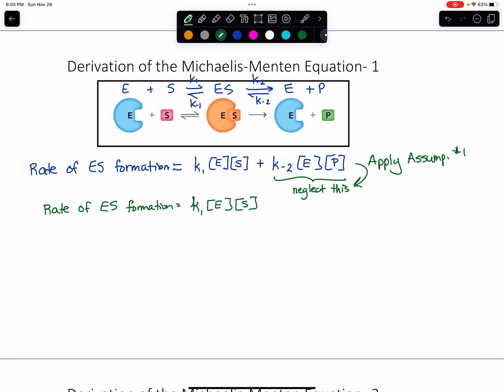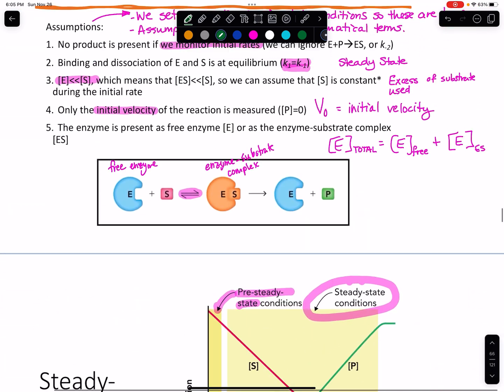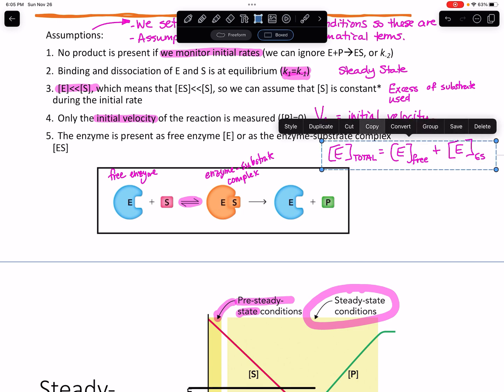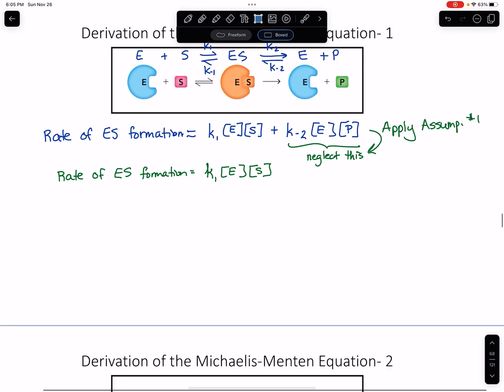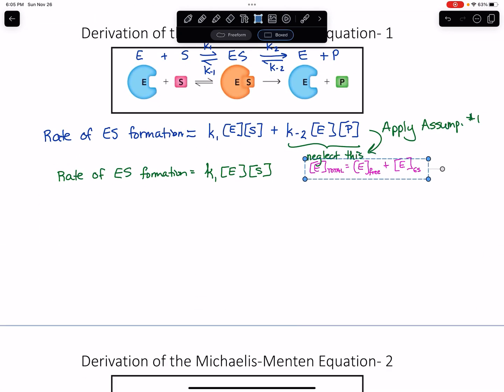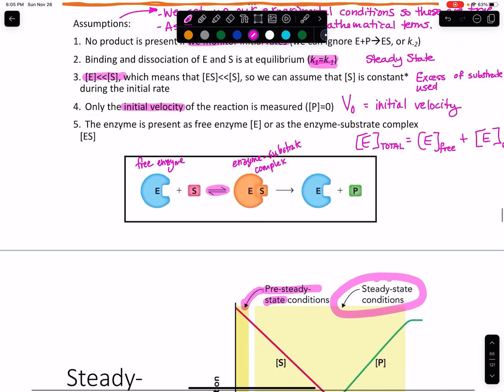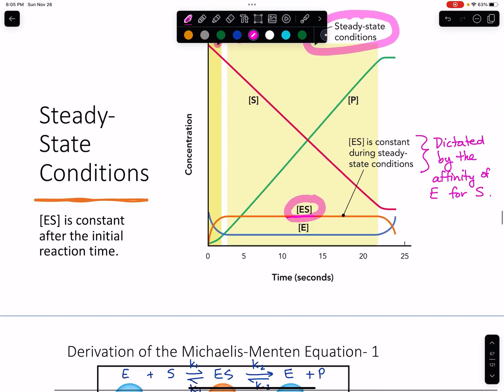All right. So remember the relationship that we wrote over here with assumption number 5? Let me copy this and shrink it a little bit. There we go. So assumption number 5 told us, whoops, did I do the right one? Yes, I just wrote it a little differently.